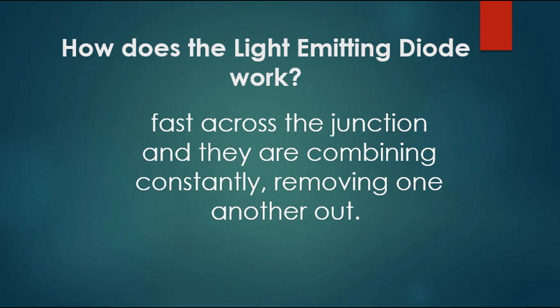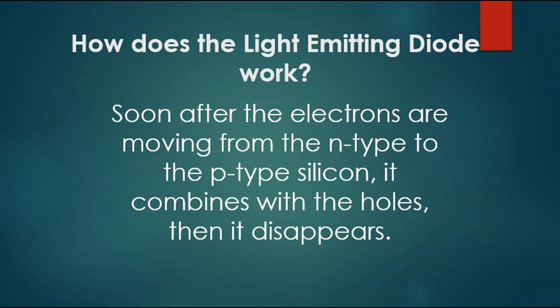Soon after the electrons move from the N-type to the P-type silicon, they combine with the holes and then disappear. That shows that the positive aspect will swallow the negative. So it combines to form the forward bias, and that is why it is named the light emitting diode, because it works in forward bias.